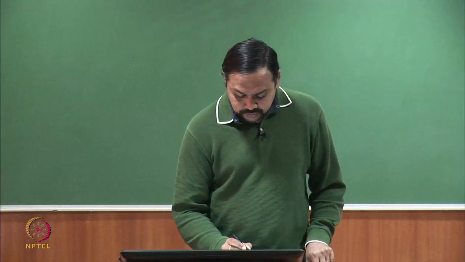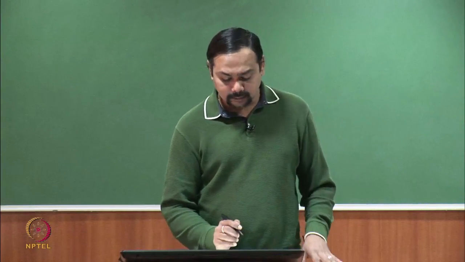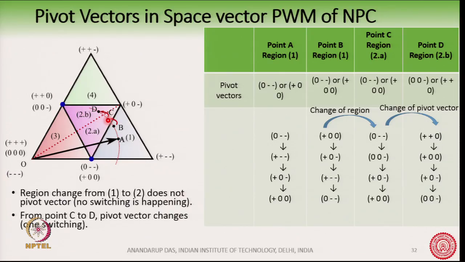Now, suppose in the next sample, let us take an example, we are going from point C to point D. Now, this crosses the boundary of the pivot vector. So, as we move from point C to point D, the pivot vector is changing. That means from this vector I have to now move to this vector, and we have to start the switching sequence from this vector.